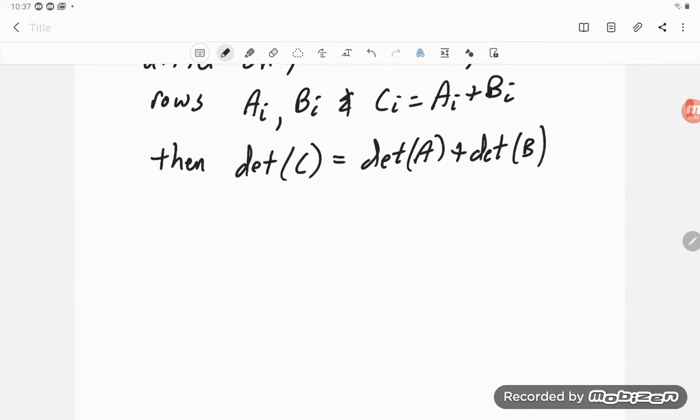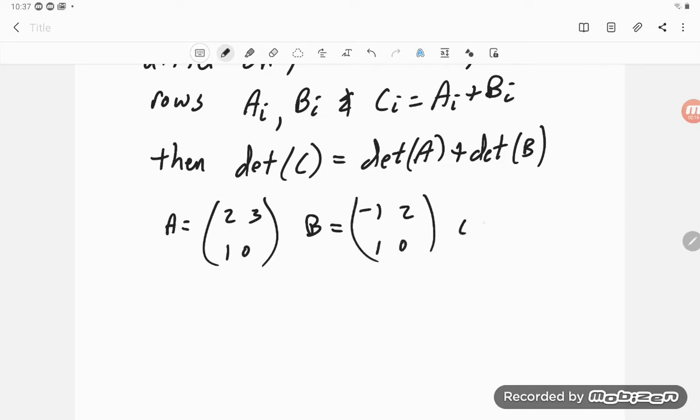Okay, so if we have something like this, let's keep things relatively simple. Let's let A equal maybe 2, 3, 1, and 0. B equals -1 and 2, 1, and 0. And so C equals 1, 5, 1, and 0.